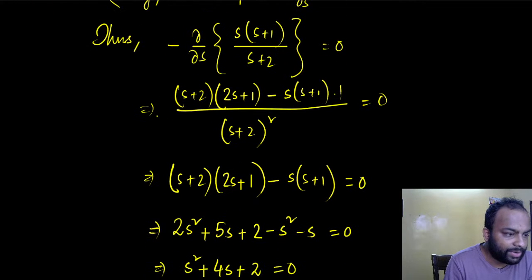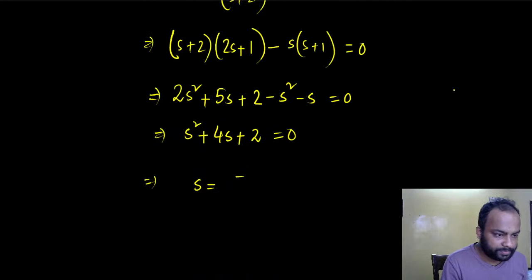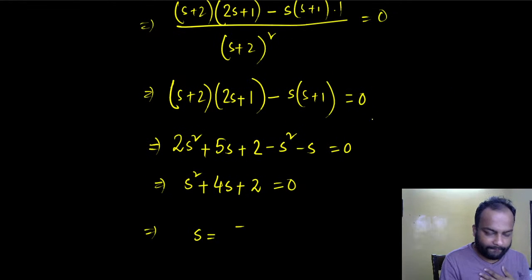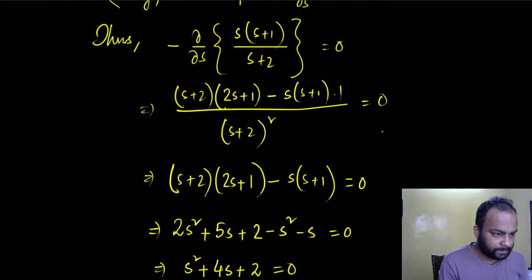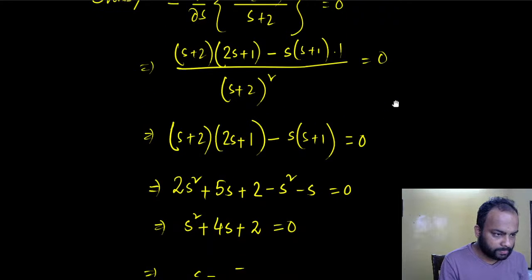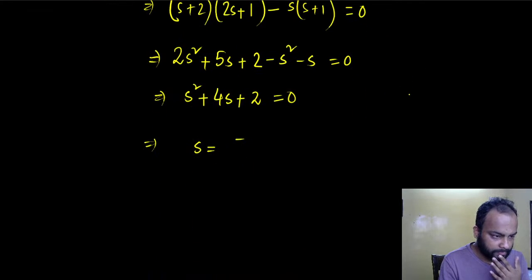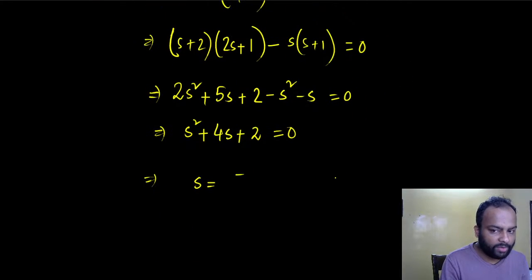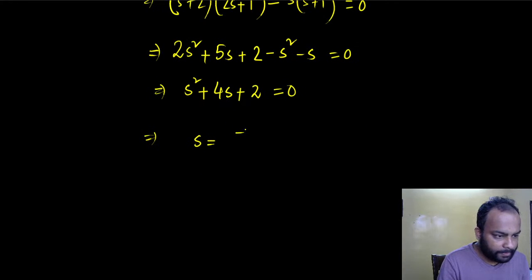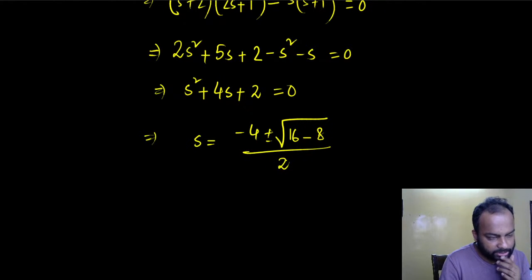Oh, someone is saying there was a minus sign. I just got rid of the minus sign by multiplying with a minus sign on both sides. Because we are solving for this, right? Minus b plus minus root of b square minus 4ac, 16 minus 8, divided by 2a, so that's 2.